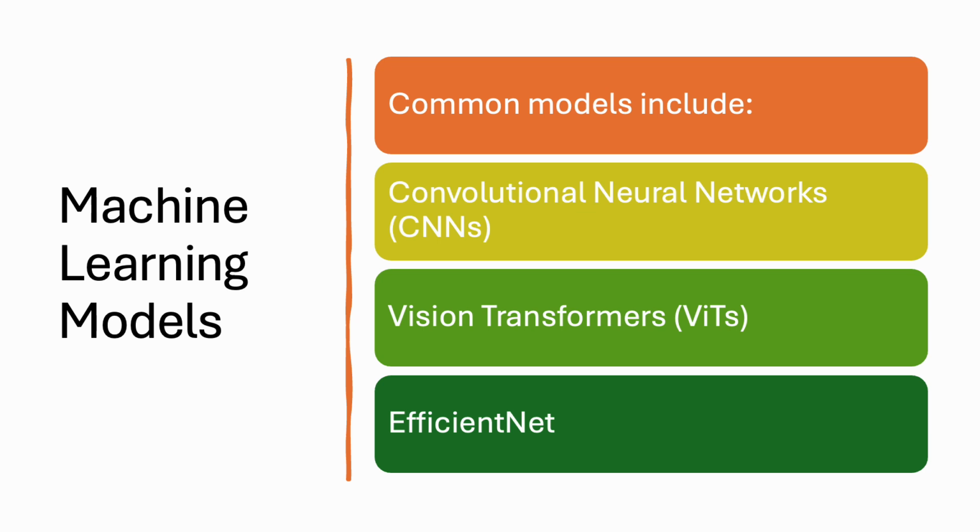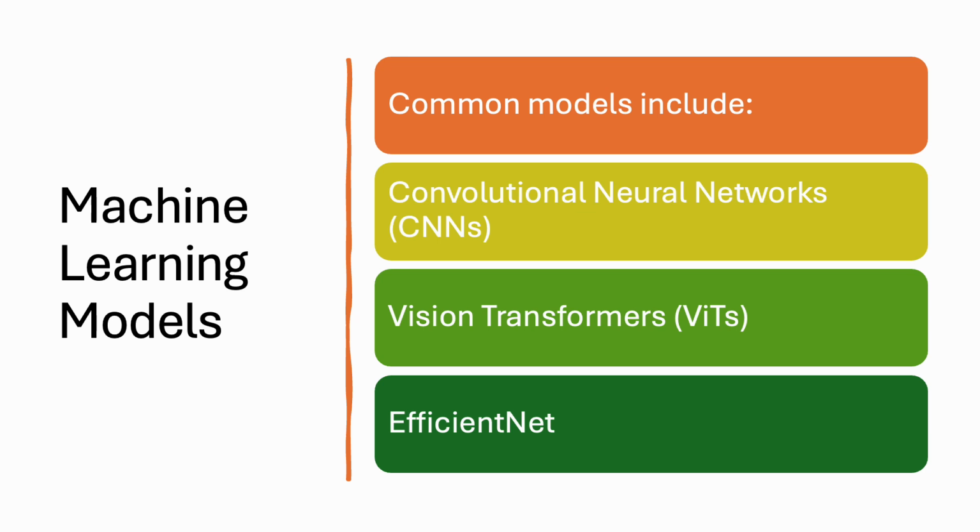Popular architectures of CNNs are ResNet, residual network, VGGNet, and MobileNet are some examples. So MobileNet is optimized for mobile or edge devices.